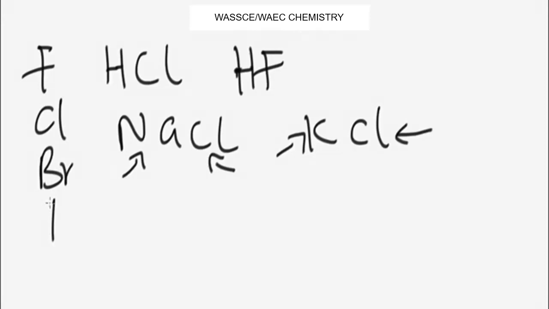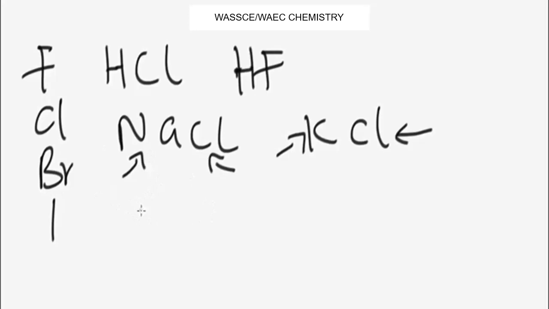So in this order of group 7 elements, the most reactive is fluorine. In a displacement reaction, fluorine can displace chlorine, bromine, and iodine, whereas chlorine will only displace bromine and iodine, and bromine will only displace iodine.